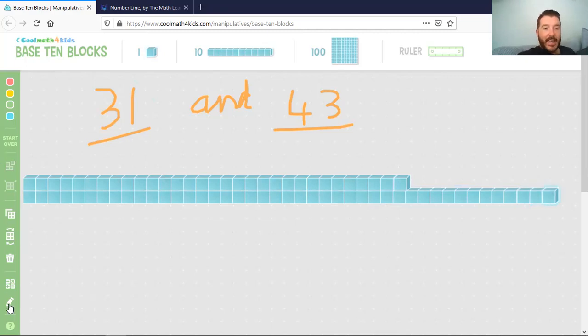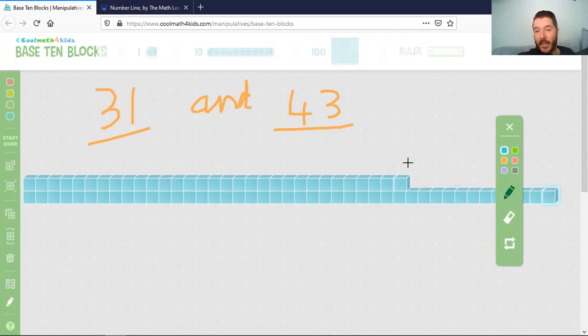Now we're going to draw a line again down the point where they are exactly the same and where one gets bigger than the other. About there. Okay.